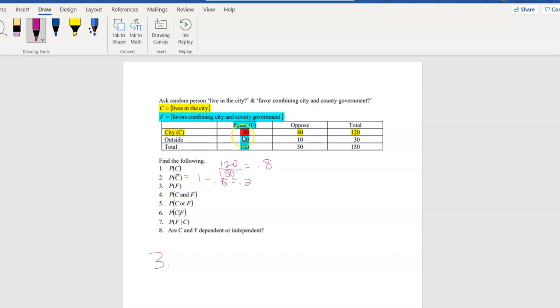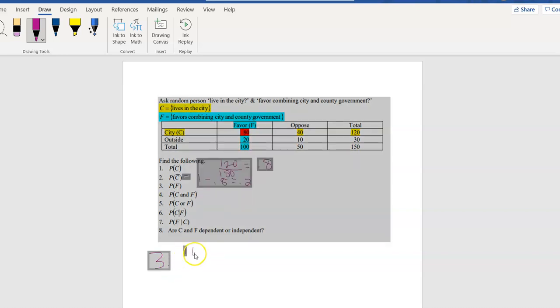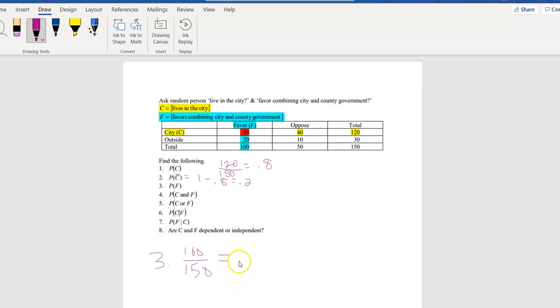So if we look at this column containing F, there are a total number of 100 people who favor combining city and county government out of the 150. So this is 100 over 150. And that's 0.6667. I'll call it 0.667.